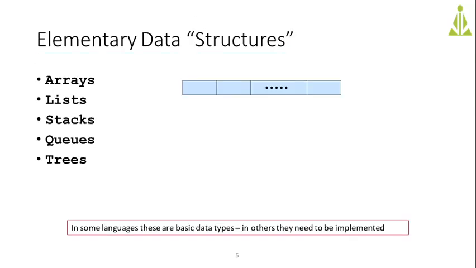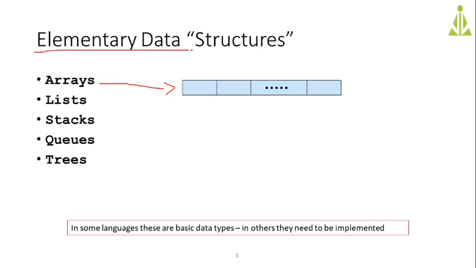First one is array. An array starts with 0 and ends with n minus 1. You have already studied arrays in C programming, C++ and data structures, so I am not going deep into arrays.